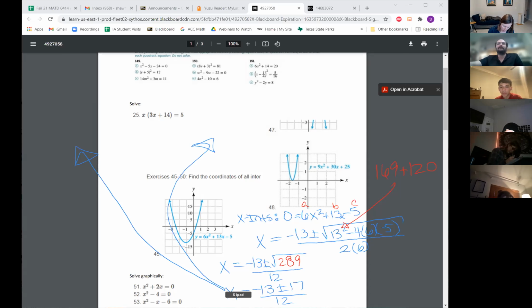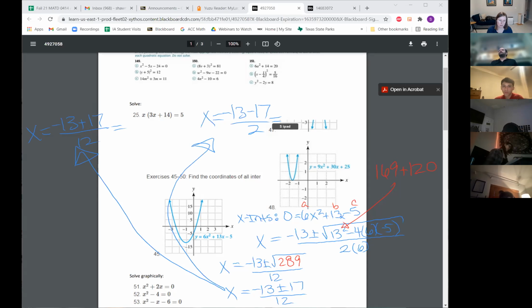So we have x equals negative 13 plus 17 over 12, and x equals negative 13 minus 17 over 12. Solve both of those and let me know what you get for x. Oops, 12, not 10.